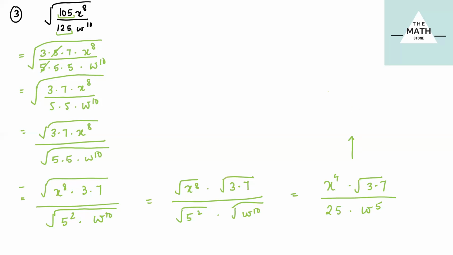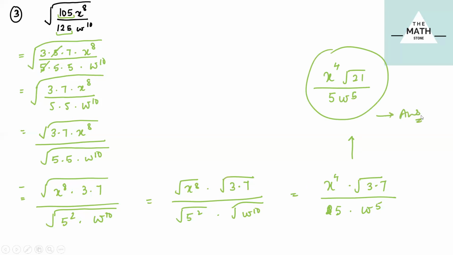So the final answer is x raised to 4 root 21 over 5 times w raised to 5. This is your final answer.